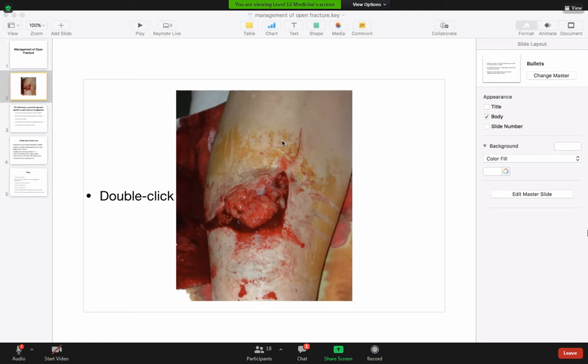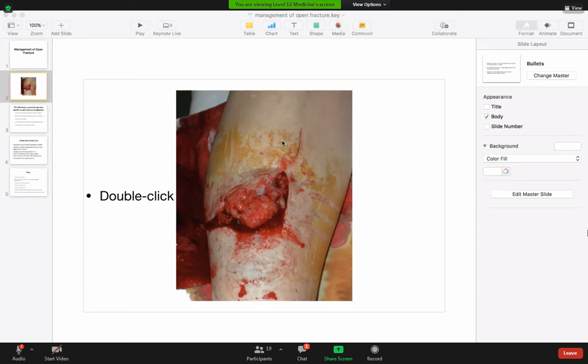So regarding the grading of the fracture, it's important to have a preliminary grading just for the ease of communication. But the most reliable timing for the grading is in the OR once you debride all the necrotic tissues.